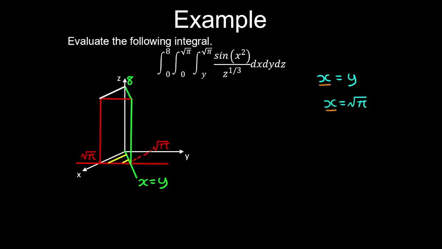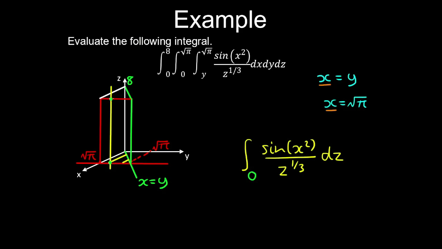So what we'll do first is integrate our function with respect to z first. So we have sine x squared on z to the third integrated over z. So if we take a vertical line through this solid, it's always going to enter the region at z equals 0 and exit the region at z equals 8, no matter where we draw that line.